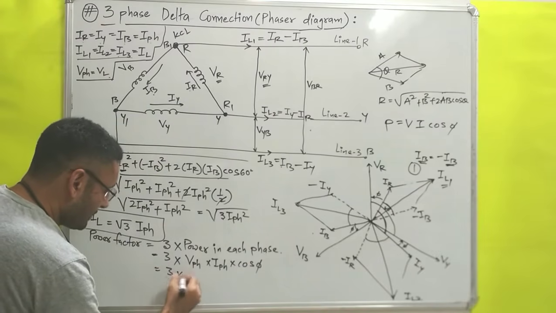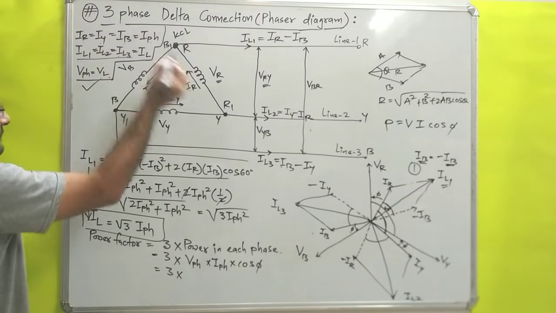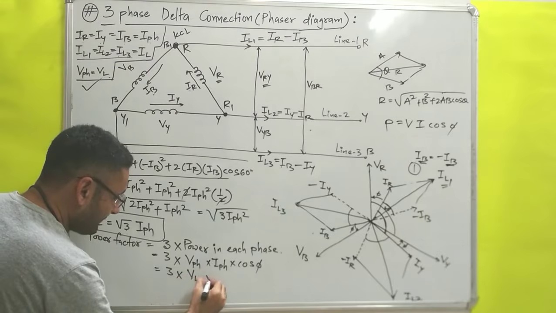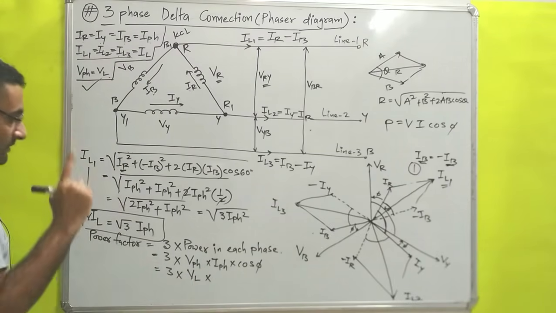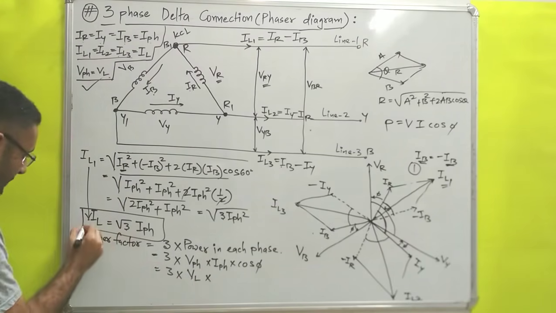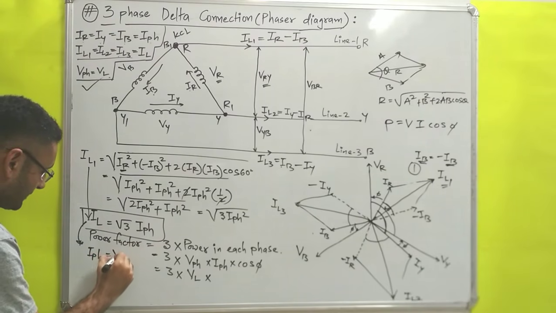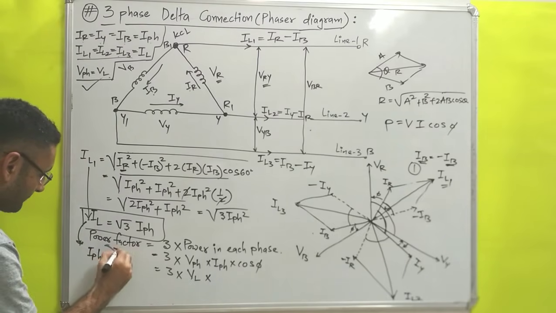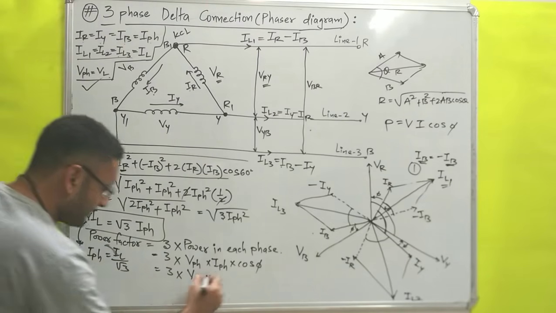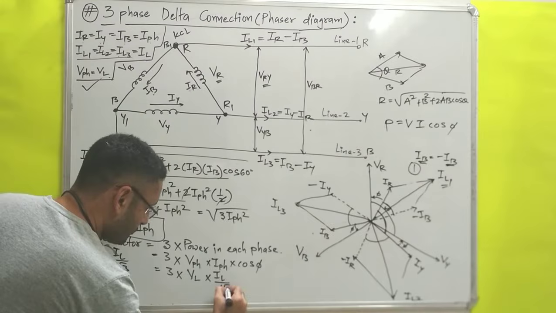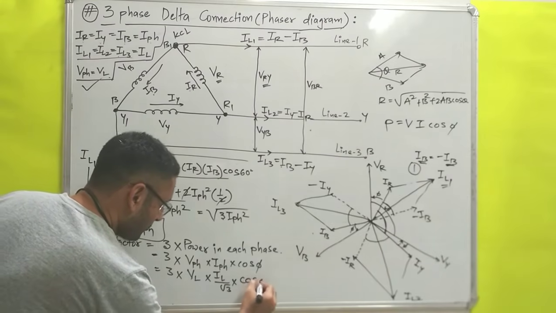So 3 into VPH, which we can write as VL as derived, multiplied with IPH in the form of line current. From this equation we can write IPH is equal to IL by root 3. So I will write IL by root 3 into cos phi.